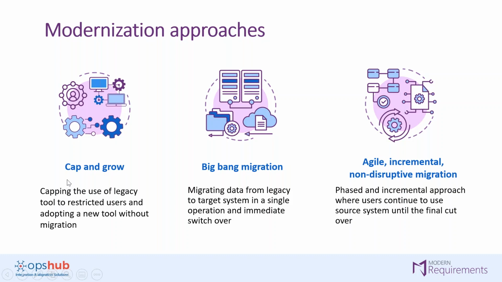In cap and grow, organizations agree to leave the data behind in the old tool and do a fresh start in the new tool. For any future references, data from the old tool is often backed up in a database or files. Some organizations also retain the old tool but cut down on user licenses to one or two. So that is cap and grow in a nutshell.